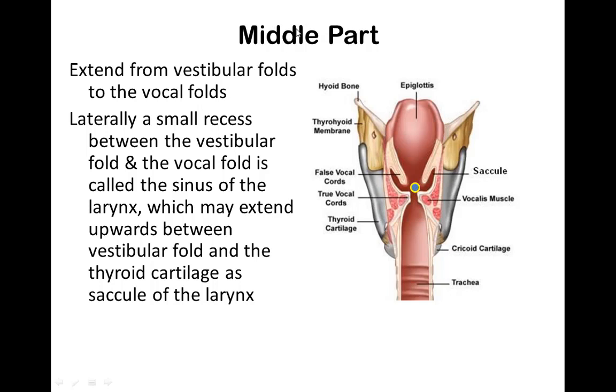The most important is to know about the middle part. Here we have these cavities and sinuses and saccules, which are filled by glands that secrete mucus to moisten the vocal cord.